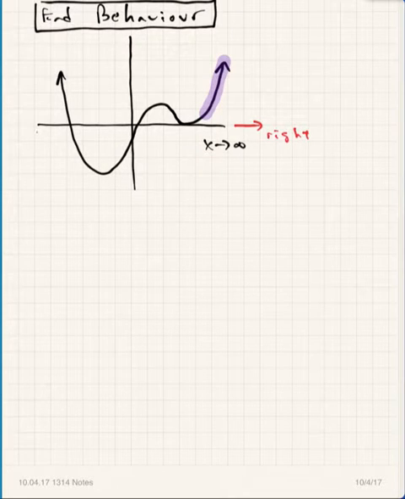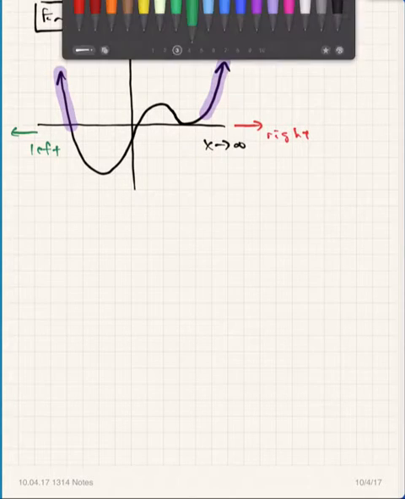What happens as we're moving off to the left, and what is the graph doing over there, right? That's what we call the end behavior of the function. And we're going to go ahead and talk about how to deal with the end behavior.